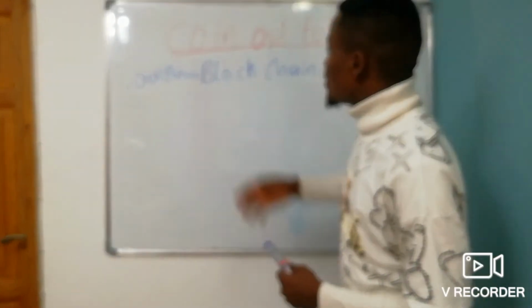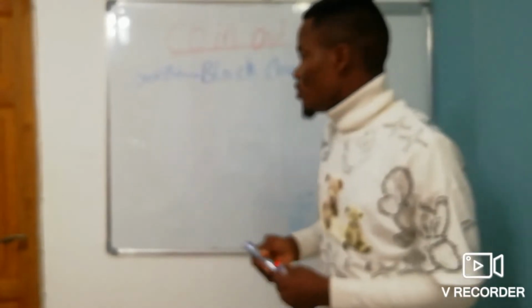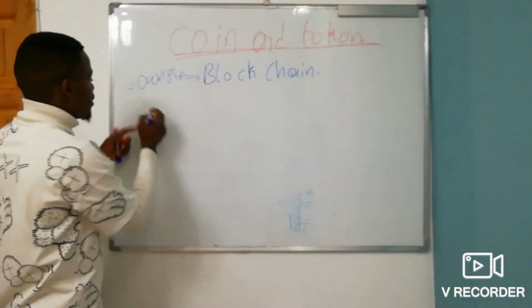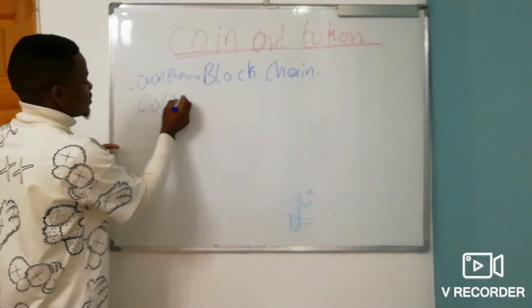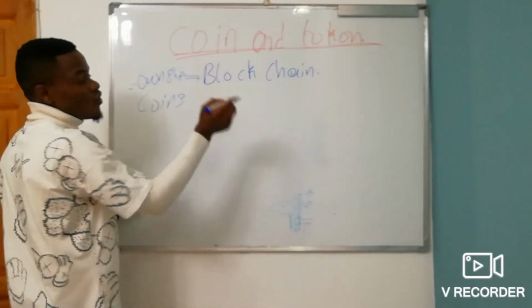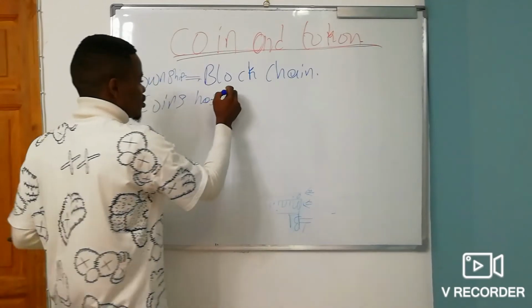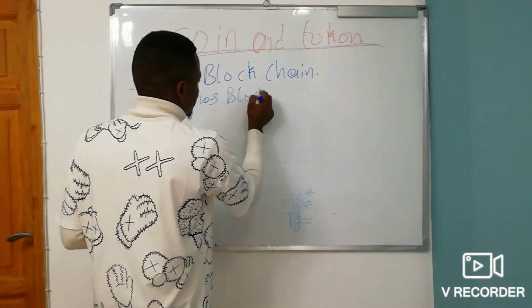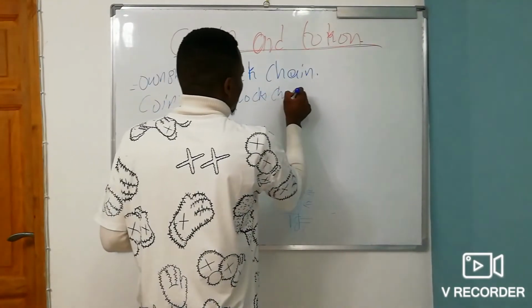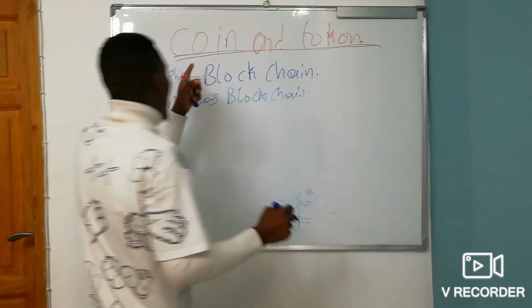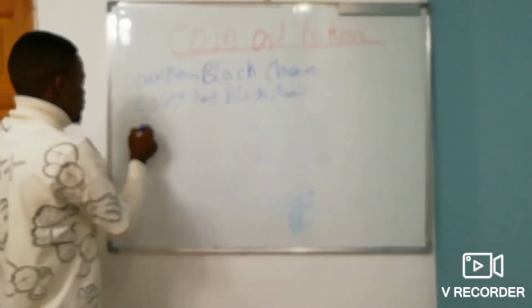So for instance, a coin has its own blockchain, right? All coins have their own blockchain. Why tokens?